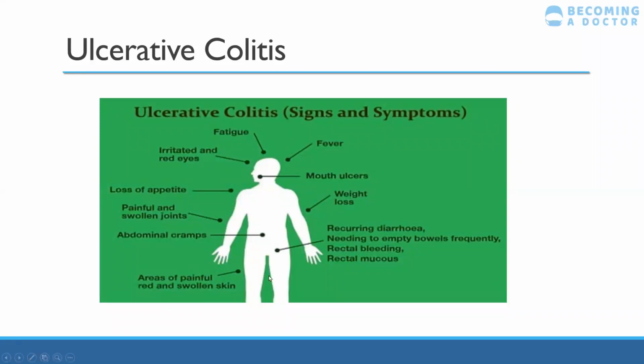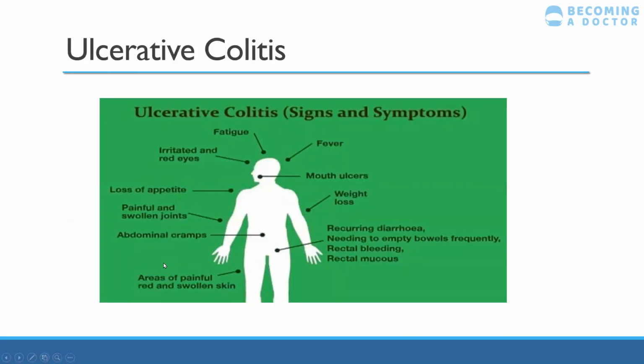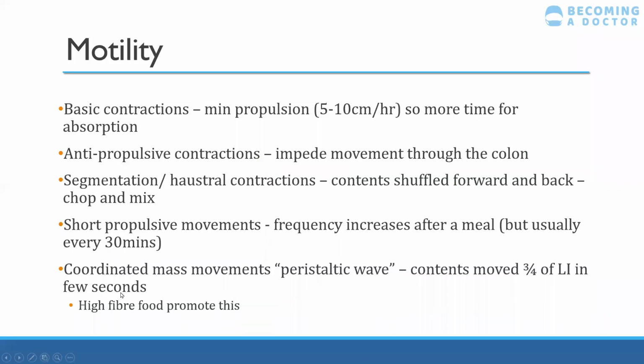With ulcerative colitis, the reason why this is linked to motility is because colonic motor activity is frequently abnormal in patients with ulcerative colitis, and the majority of the data suggests that these patients have increased intraluminal load, which basically means there's an increase in propulsive activity, so an increase in all of this motility.